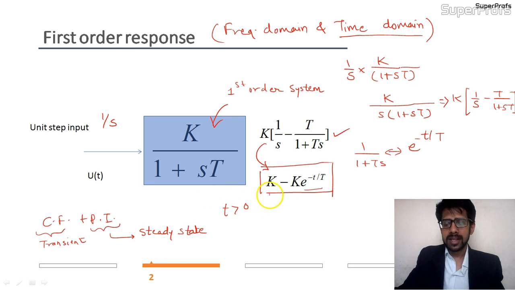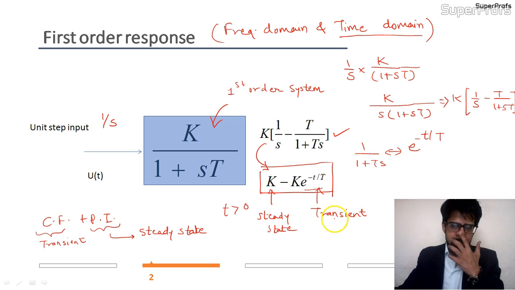Again, in this time response, we are seeing two terms. One is K and the other has the term e raised to minus t by tau, or capital T. You can model K as a steady state output, which is a constant, and e raised to minus t by tau, which is a decaying system, is known as a transient output. So every output would have two parts.